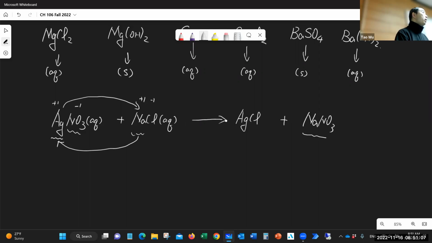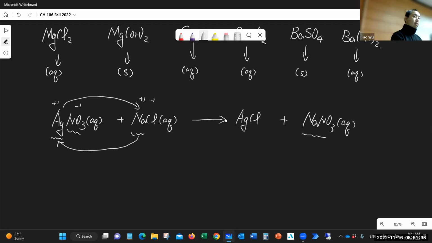Any sodium plus any anion will be soluble, because sodium is a group 1A metal. So this one, sodium nitrate, is definitely soluble. Then that means the other one should be insoluble. Is that right? You can double check with the solubility chart.